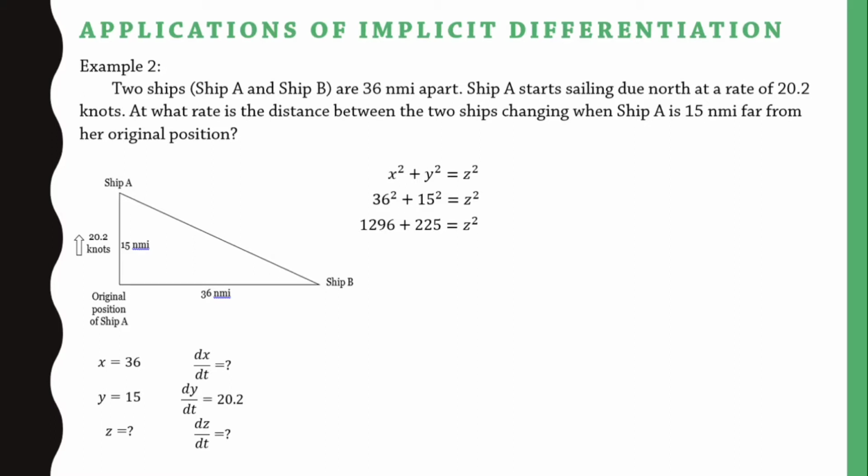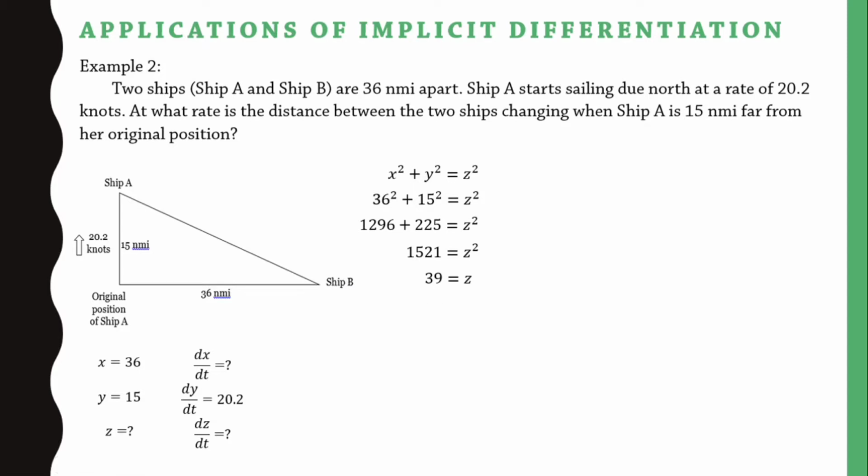So 1,296 plus 225, that's 1,521 equals z squared. To get z, we need to get the square root of 1,521, and that is 39. So we now know that the distance between ship A and ship B is now 39 nautical miles.